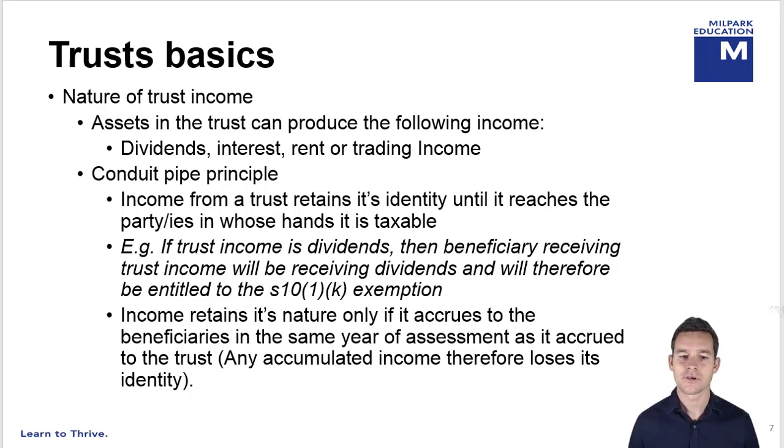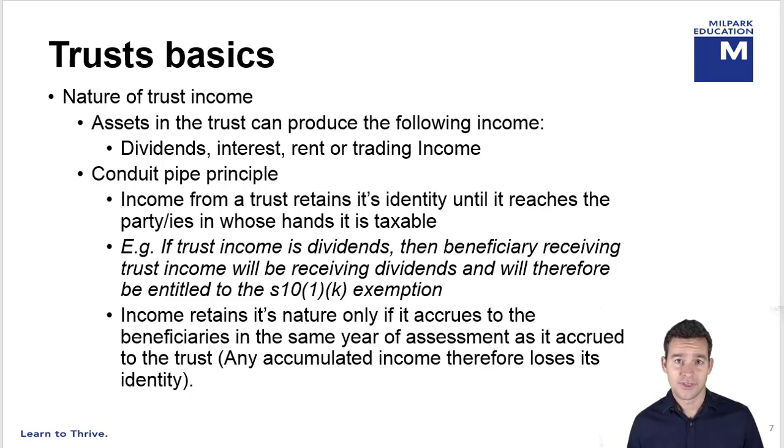So I've given you an example: if trust income is dividends and that dividend is paid out to the beneficiary, that beneficiary is deemed to have received dividends in their hands. So the conduit pipe principle effectively means that income flows through the trust straight into the hands of the beneficiaries, and the nature of that income doesn't change.